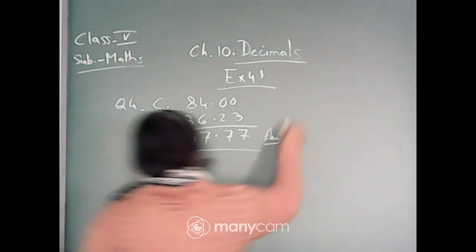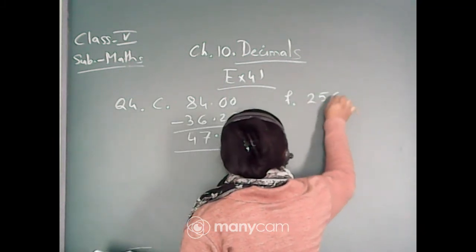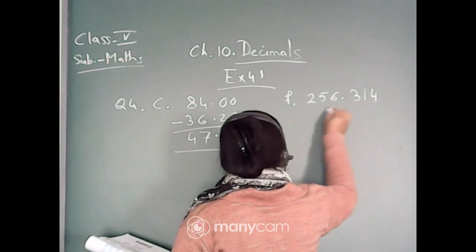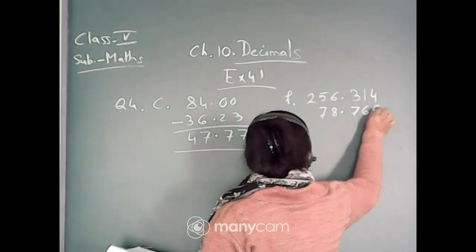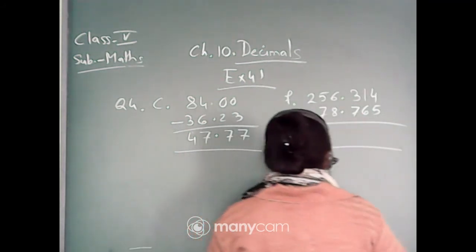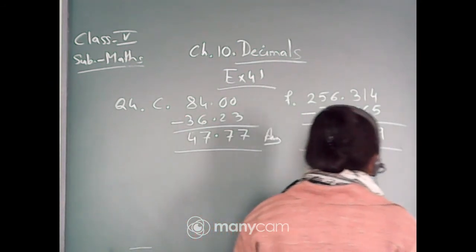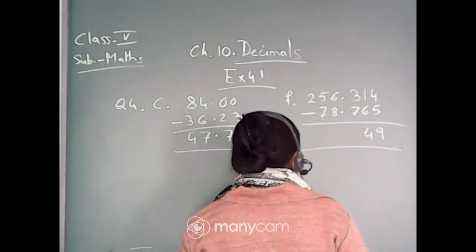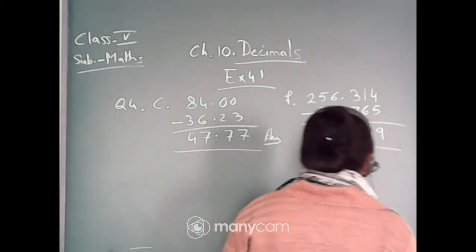Okay. One more I am writing, number F. 256.314 and 78.765. Now subtract it. As usual, this will be 14. So 14 minus 5, 9. 7, 8, 9, 10, 11. 4, isn't it? 13, that means 5, and then point.